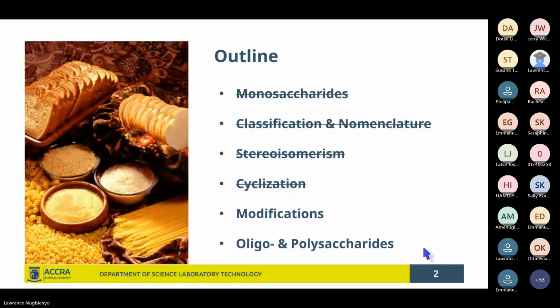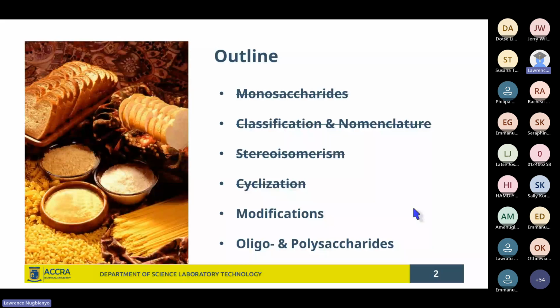We'll now be putting the monosaccharides together and see the kind of large structures that can be formed from these basic units that we are referring to as monosaccharides. So let's continue and we'll look at these modifications.